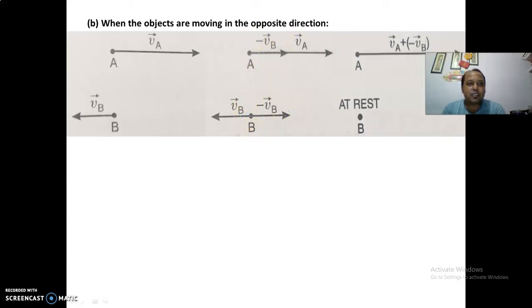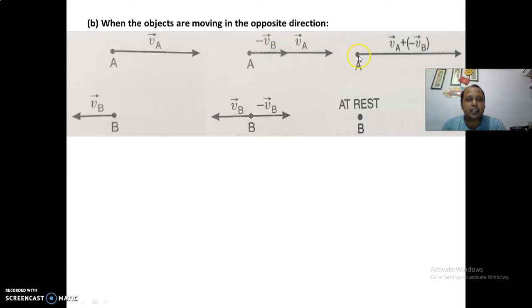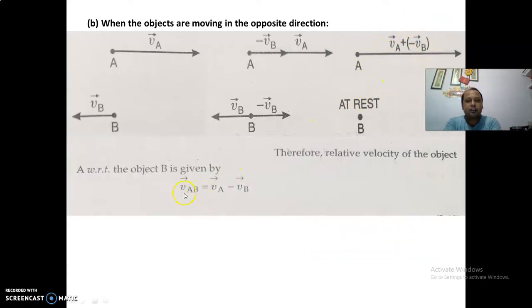So what happens is, you will find that the magnitude of vA is added upon by minus vB, and the length here increases and B comes at rest. So again the relative velocity of A with respect to B will be given by this same formula that we will write here. Vector vAB is equal to vector vA minus vector vB.